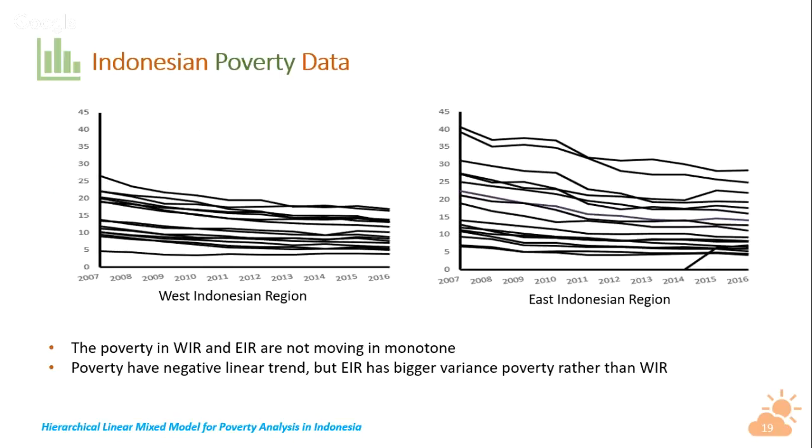The poverty trend is negative, but the variance is not constant. The variance of poverty in the provinces of Western Indonesia is lower than the variance of poverty in the provinces of Eastern Indonesia.